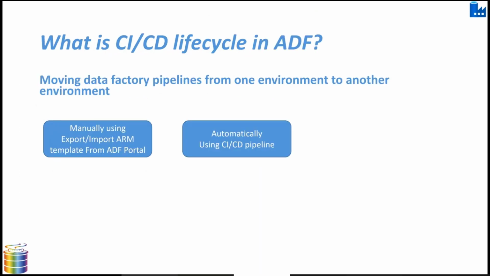What is CI/CD in Azure Data Factory? You need to move your data factory from one environment to another environment, and this can be done in two ways. You can manually import and export an ARM template: you export an ARM template from your dev data factory and import that into your test data factory, test environment. Or you can do it automatically by creating your CI/CD, continuous integration and continuous delivery pipeline.